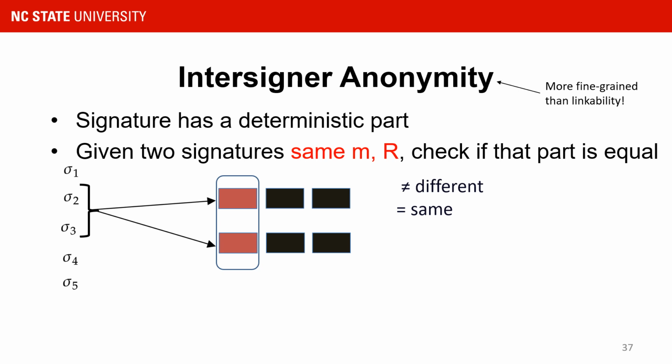There is a concept of linkable ring signatures, which was previously seen in the literature. But the intersigner anonymity that we came up with allowed for linkability that was more fine-grained than previously seen. So basically what this meant was we had an additional scope on which signers could sign, and that was where the equality check was possible.